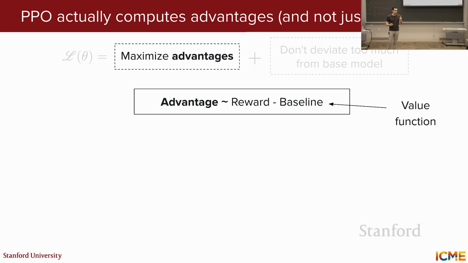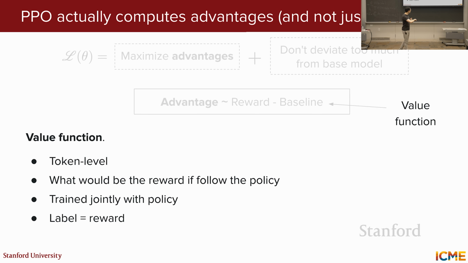We have the reward that we saw previously how to compute, which is, given a prompt and a completion, how good is this prompt and completion? And then the value function is another estimation, but it is not at the completion level, it is at the token level.